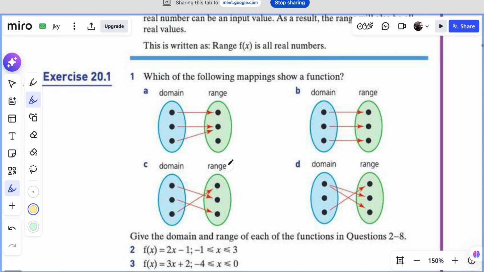So our fg of x will be equal to, take the whole of g of x, x minus 2, and put it here. I'm going to write 2, then open a bracket. You know there's 2 here first in f of x.